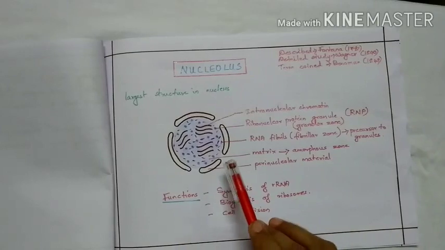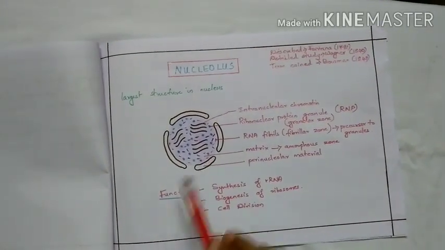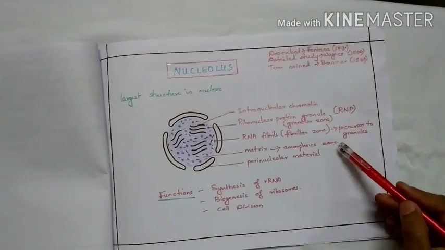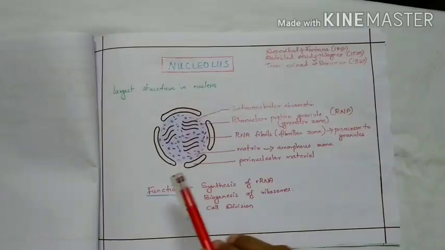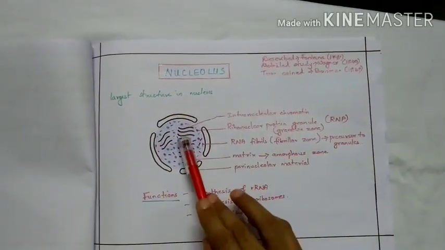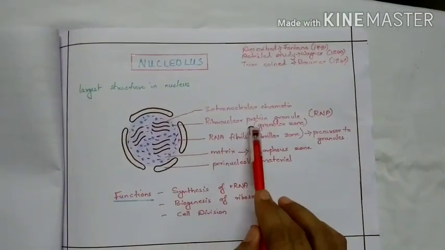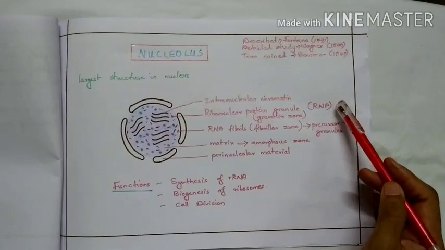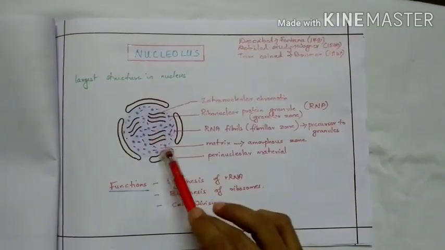There is a perinuclear material inside which lies the matrix, which makes the amorphous zone of the nucleolus. Inside the nucleolus, we can see the intranuclear chromatin material. Ribonucleoprotein granules, or RNP, form the granular zone shown by these blue dots.